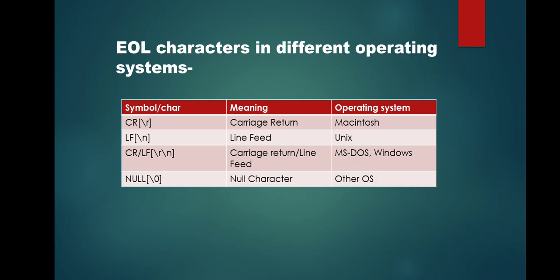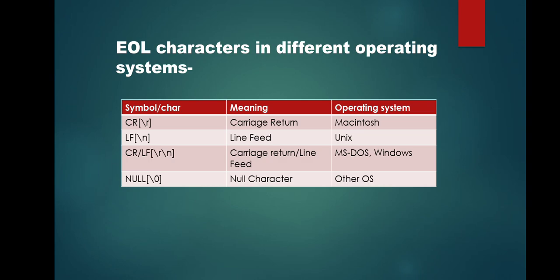Now this is a table specifying the end of line characters in different operating systems. In Macintosh, every line in a text file is terminated by a carriage return, indicated by \r. In the Unix operating system, every line is terminated by \n, that is line feed.